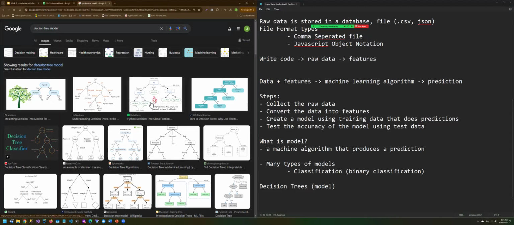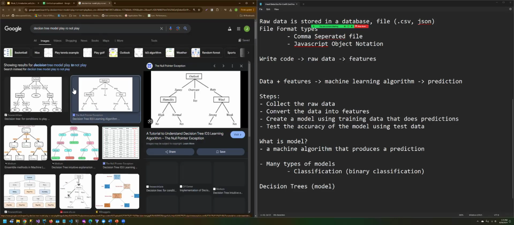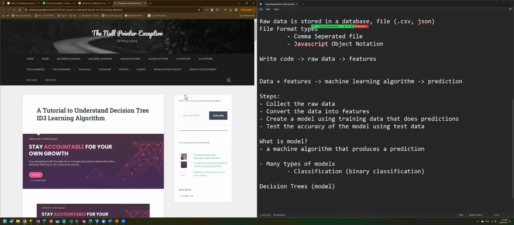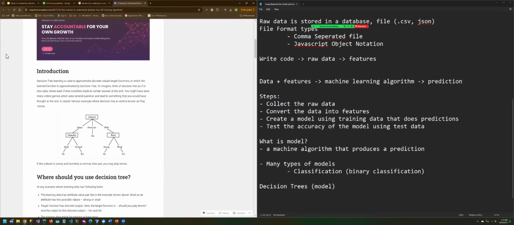And then I will explain it. I think the easy example is to play or not play. I think, yeah, here we go. And so if we look at this, this is probably the most basic example. People use this example a lot, which is why I looked at it.